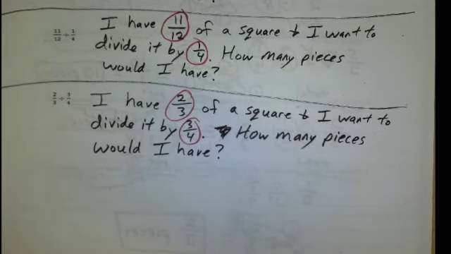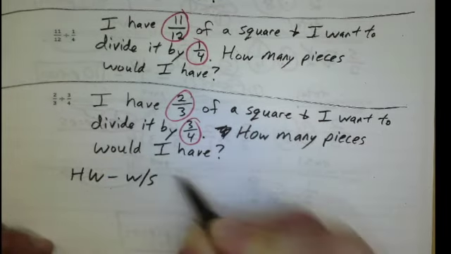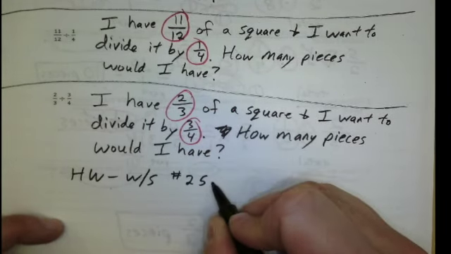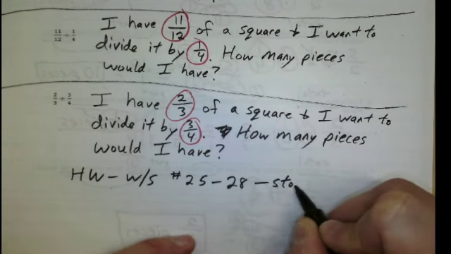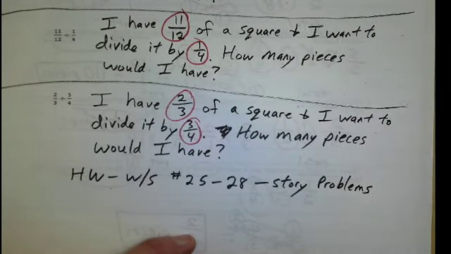Once you have that, we're going to continue on by talking about story problems, the key words from our notes, and review that, because your homework that you will have tonight is a worksheet, and you will actually be doing numbers 25 through 28, and those are story problems that you have to solve.